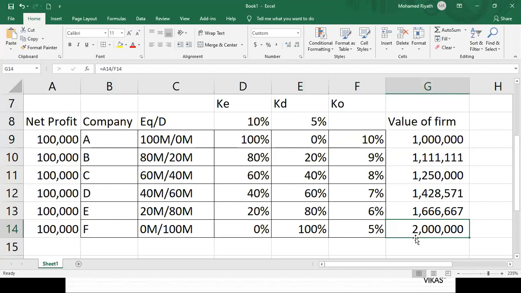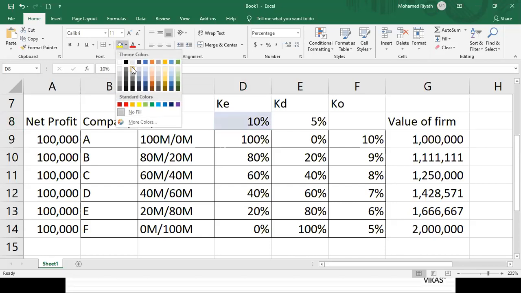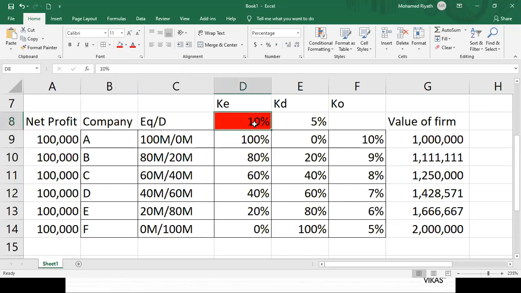Therefore, they can maximize value of the firm. Right? The thing is, here at all levels of debt the cost of equity is constant. It's not reality.